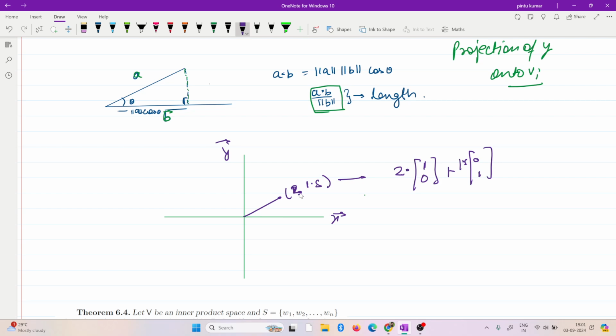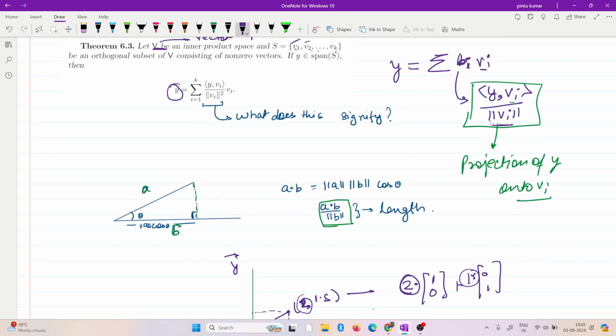Now, how have you calculated this 2 and 1.5? If you recall, this is nothing but the x-axis. So how do you obtain this? You take the projection of this vector onto your x-axis. Whatever value you have, that is your v1, right? Similarly for the y-axis, you take its projection, whatever value you have, that is your v2. And something similar happens if you have an orthogonal basis, right?